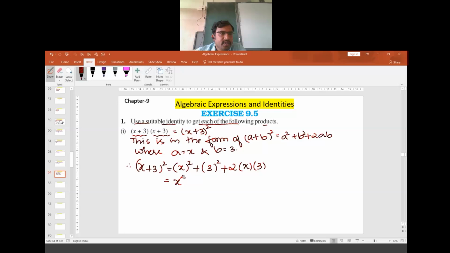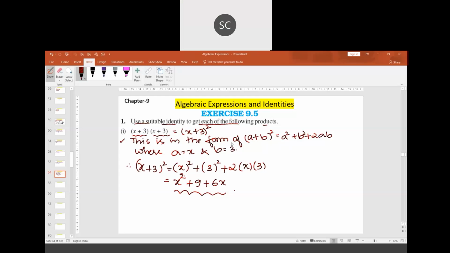So we get x square plus 9 plus 6x. This is the product. Remember, in the examination, we expect you to write this statement: this is in the form of a plus b whole square, which is equal to a square plus b square plus 2ab, where a is x and b is 3. So it means that you have used the identity properly.